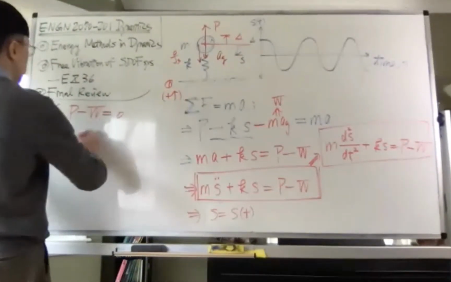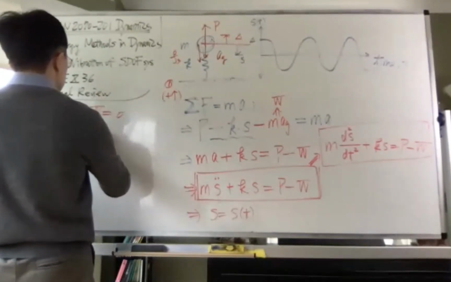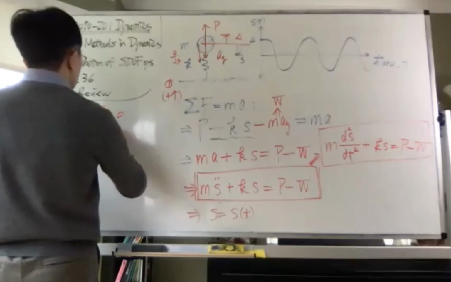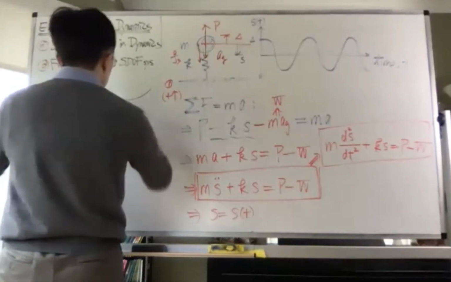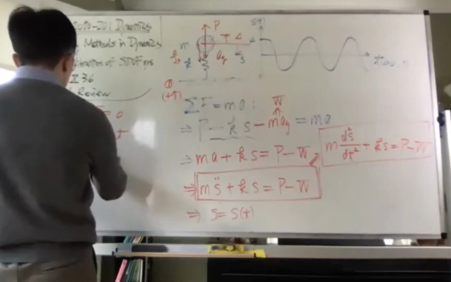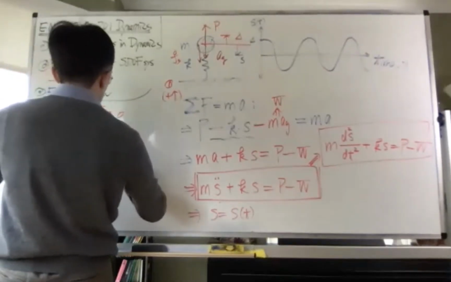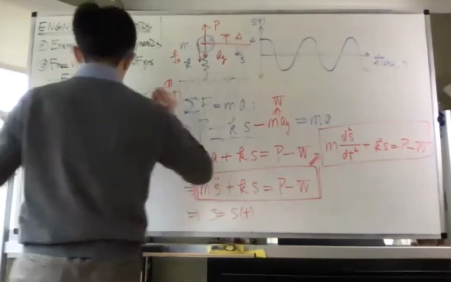s of t equals s naught times cosine omega n times t plus s naught dot over omega n times sine omega n times t.